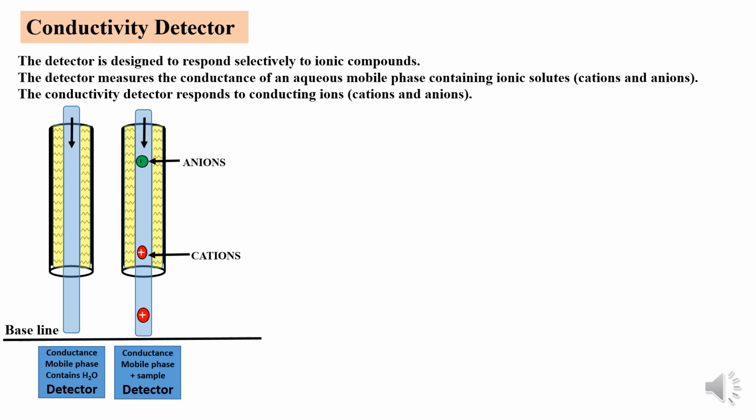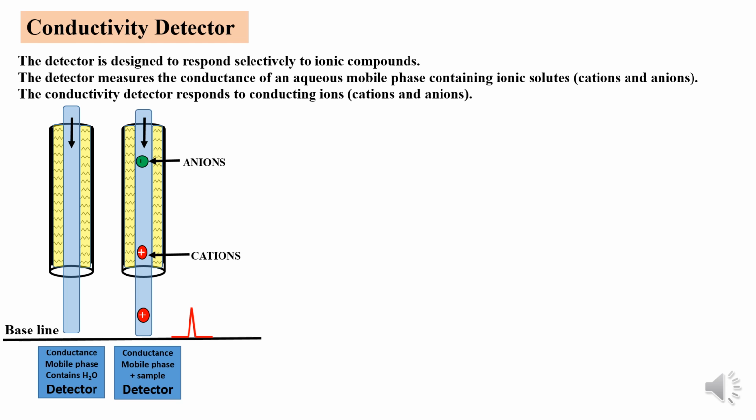And now the detector measures the conductance of the mobile phase. So the conductivity of the mobile phase changes due to the presence of ionic solutes, that is cations and anions.